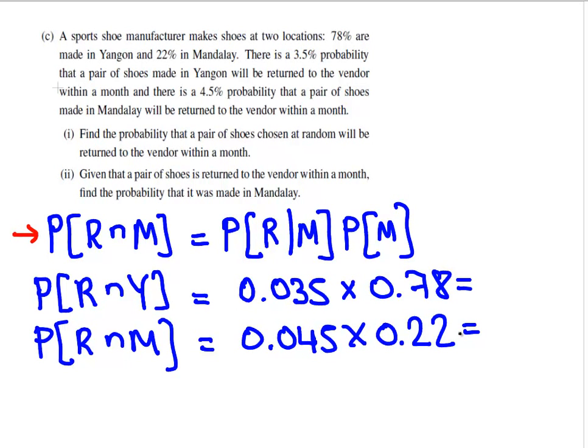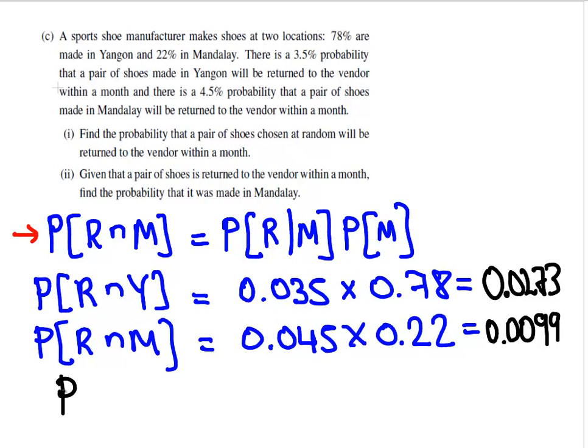So let's calculate those. A little bit of calculator work here. Working that out, we get 0.0273, and the second one is 0.0099.